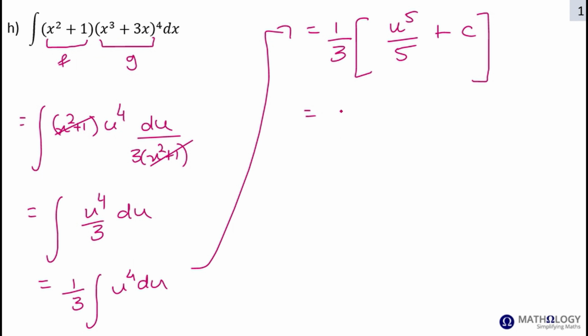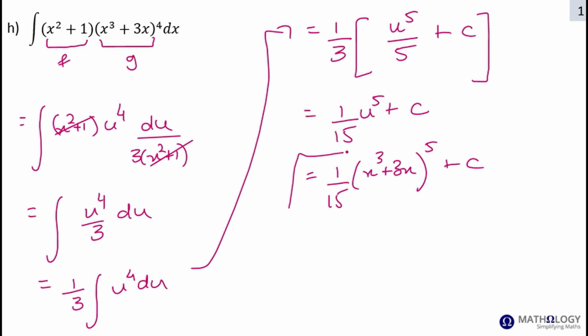So the final answer, well, not the final answer, but we'll have 1 over 15 u to the 5 plus the third times c, which again is just going to be another arbitrary constant c, and u we said was x cubed plus 3x, and that's to the power of 5 plus c, and that is the final answer.